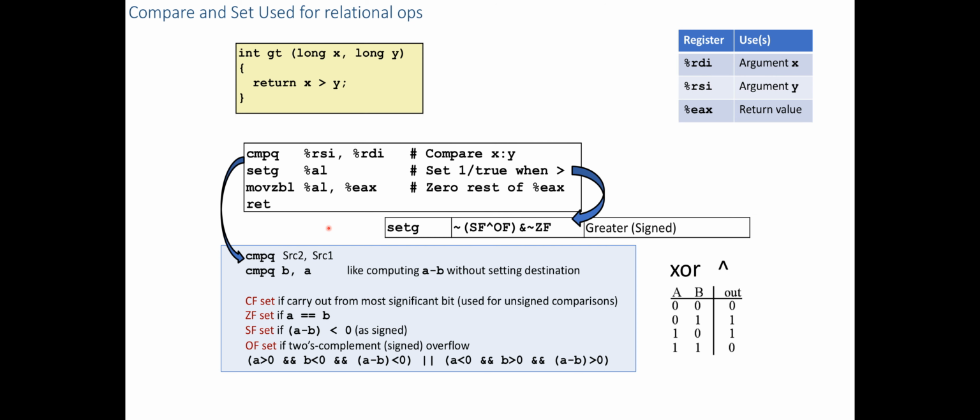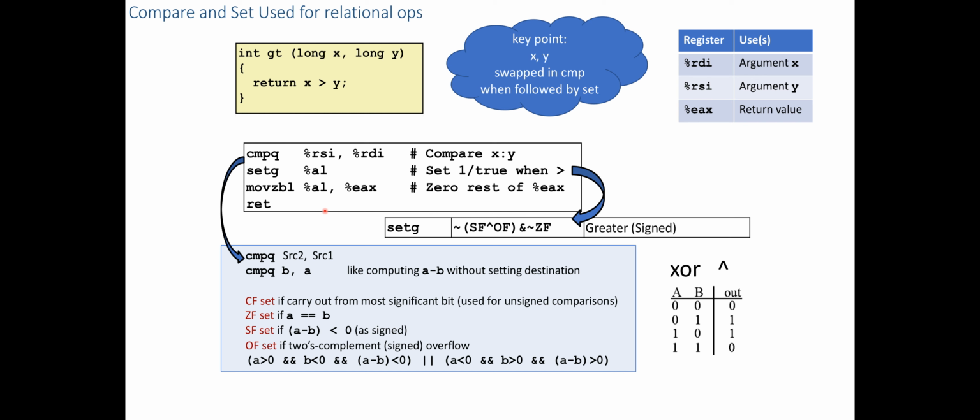All right, so there we have it. Here was our relational operator, and here were the instructions that were used to get it. Now, the key thing here I'm going to bring up again is that X and Y are swapped in this compare when followed by the set.